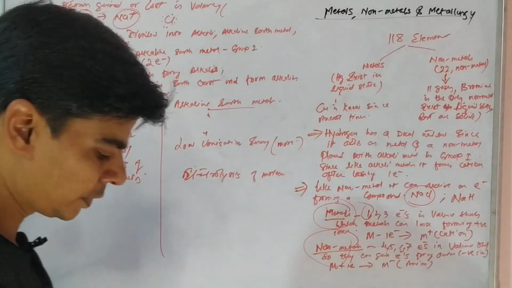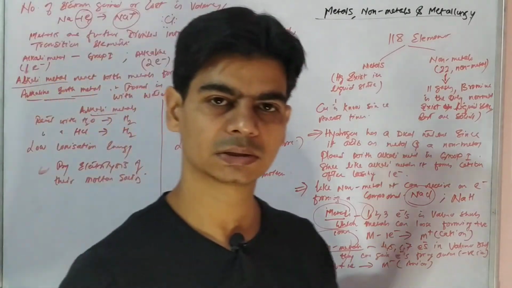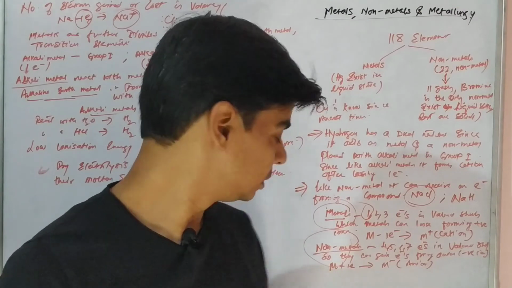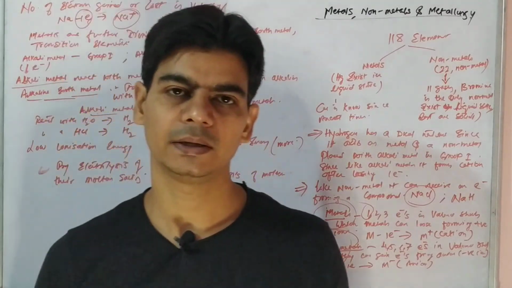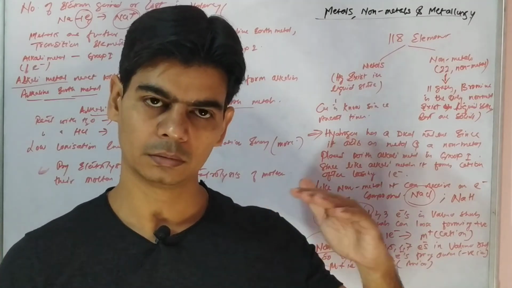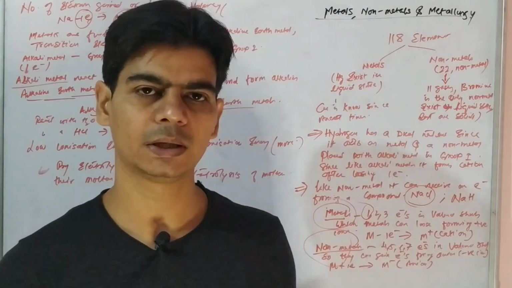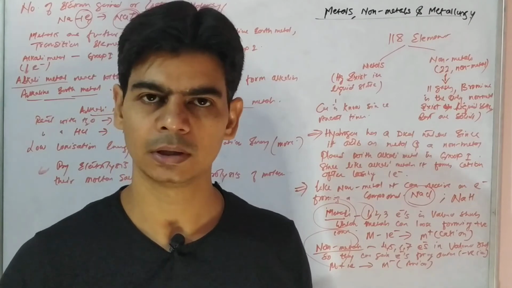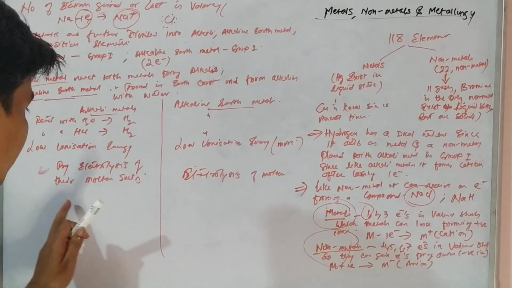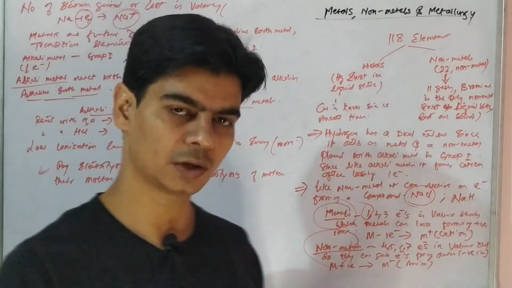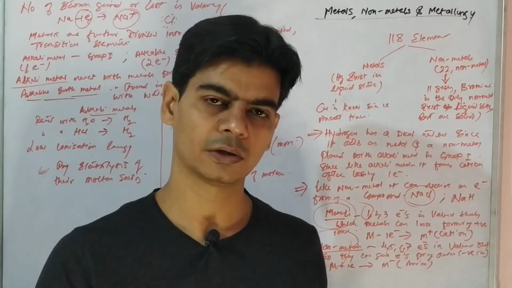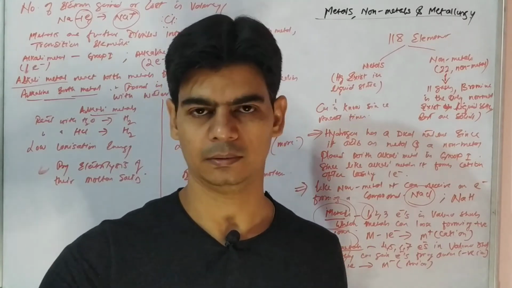We have already discussed this before in electrolysis: these metals, alkali metals and alkaline earth metals, are more reactive than hydrogen. In the electrochemical series they are above hydrogen. So if instead of their molten salts we take their aqueous salts in electrolysis, instead of metal we will have hydrogen obtained at the cathode.